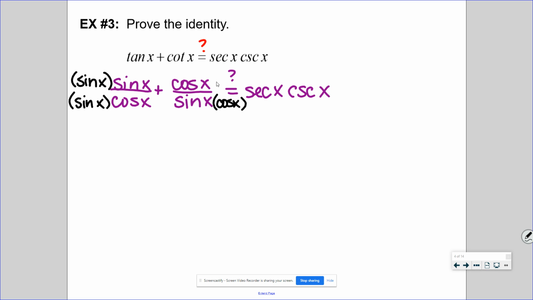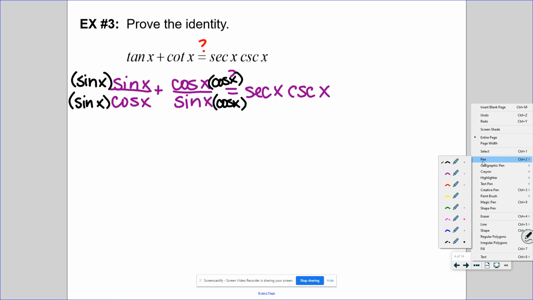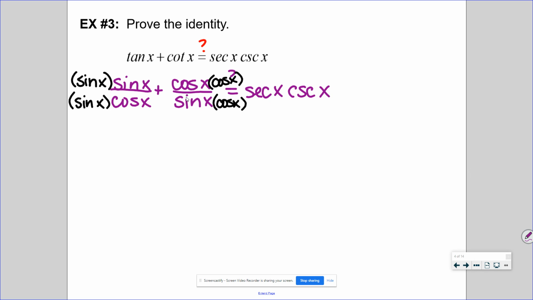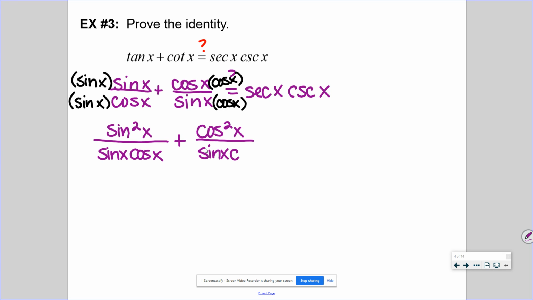So the first fraction has to be multiplied by sine and the second one by cosine. Okay, so let's just clean it up. Sine times sine, so this is going to be sine squared x over sine times cosine. And then over here I would have cos squared x over sine times cosine.